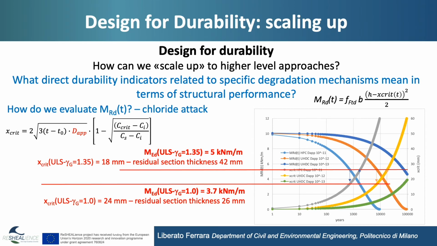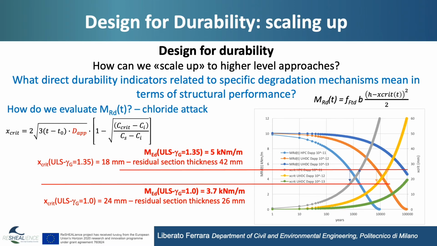So you can see that, for example, if you use a value of the apparent diffusion coefficient, because this is the governing parameter, 10 to minus 11, we arrive at a certain point at a critical situation in which our design resistant bending moment is equal to the value of the action at the ultimate limit state, which means that we have a residual cross-section thickness of 42 millimeters, starting from an initial value of 60.